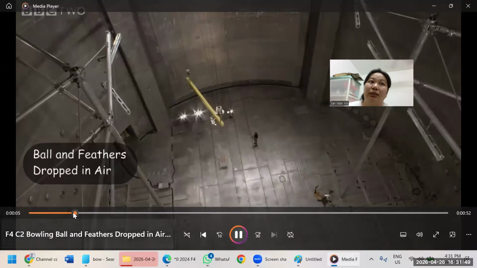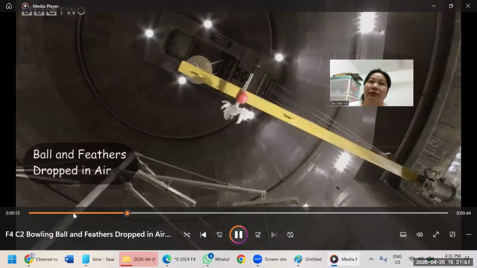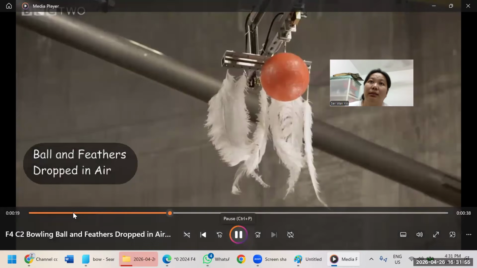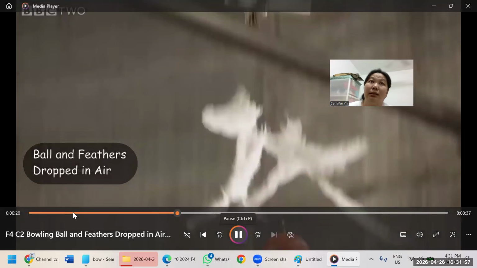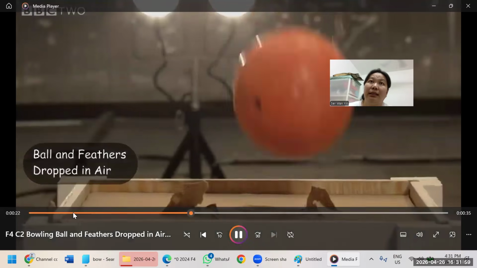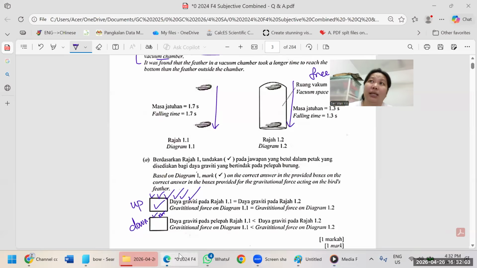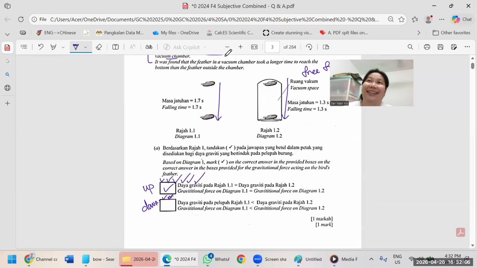This one drops very slow. Very slow. Why? It's because of the force.